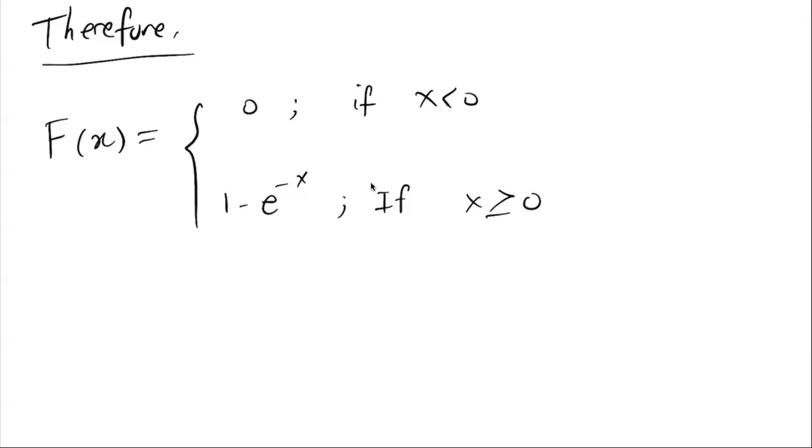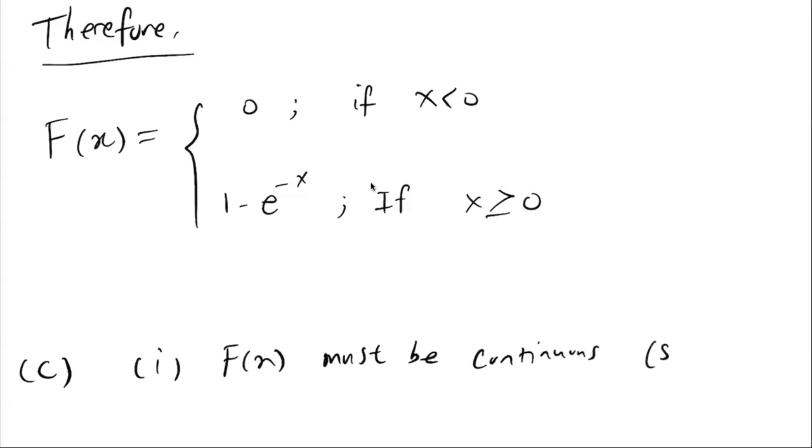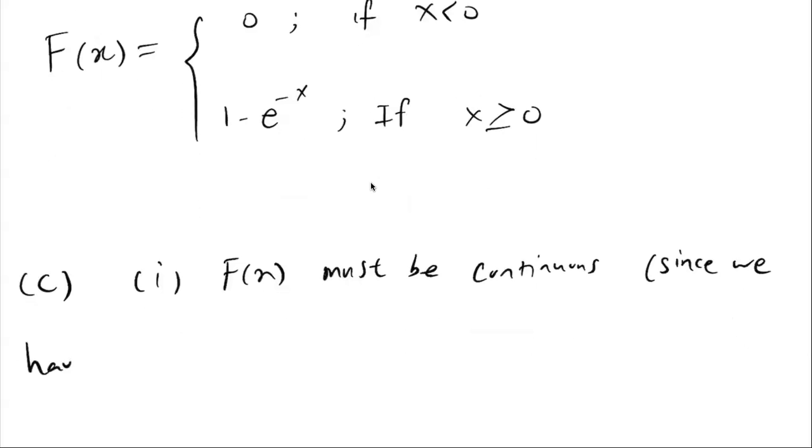So that means capital F of X has to be continuous. So part C, first property: capital F of X must be continuous since we have a continuous random variable.